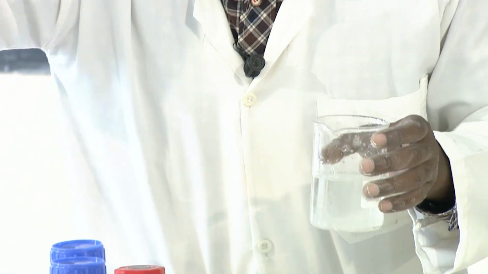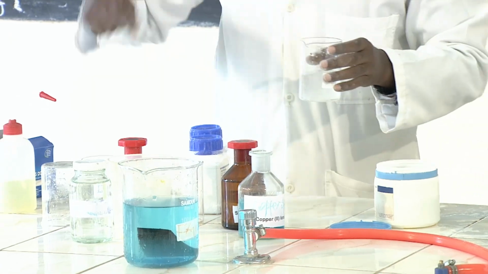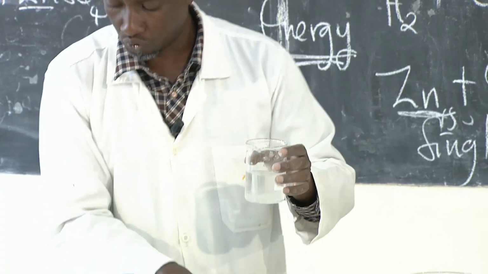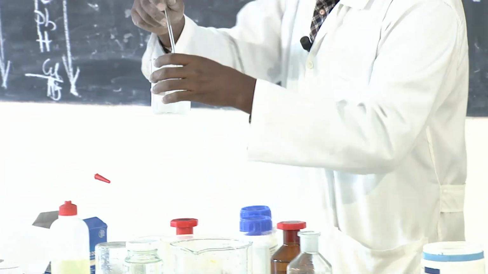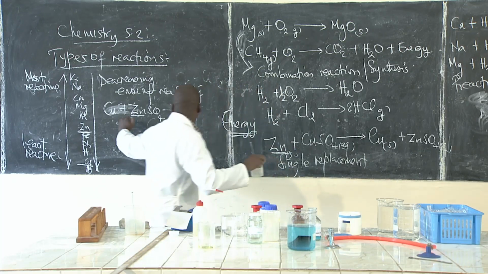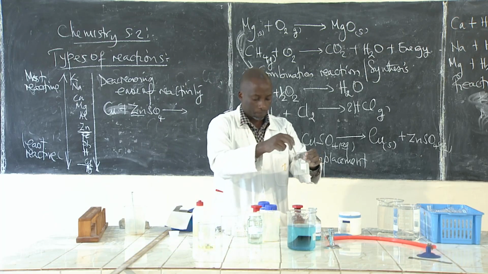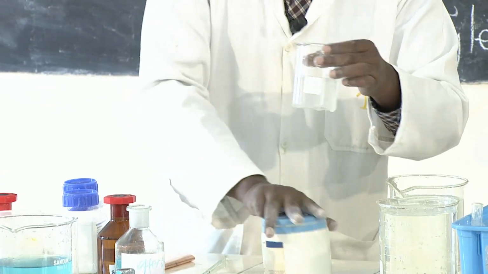As you are following, you need to look at this one. There is a reaction going on. So I have a strip. This is zinc sulfate solution. Remember? I'm trying to show you the difference between this and the one we were talking about. This is zinc sulfate, and I have a copper strip here with me.